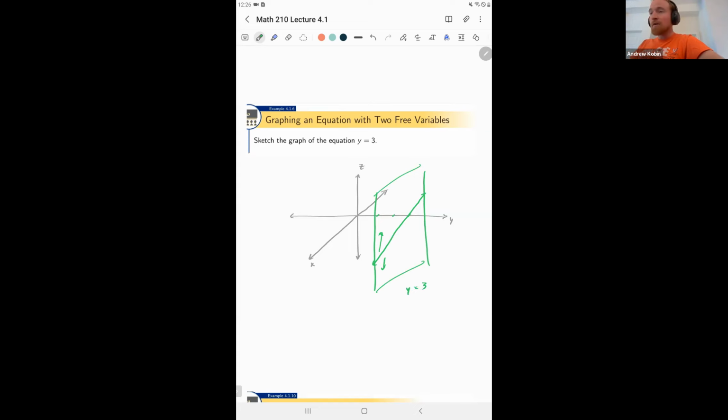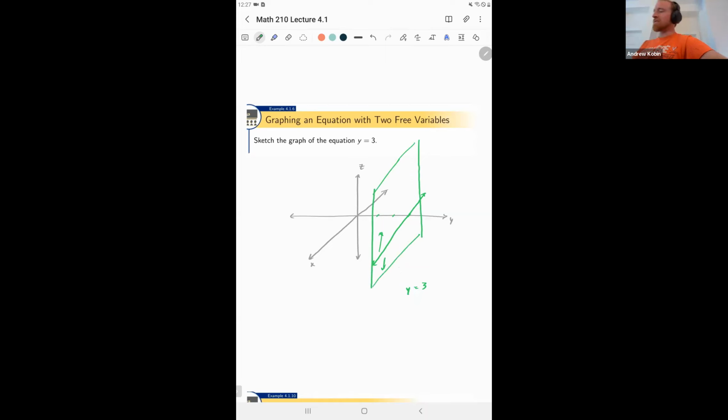So let's carefully review this. Any solution to the equation y equals 3 has x and z components, whatever you want. That's why they're called free variables. And y component equal to 3. I'm going to redraw this, by the way, to make everything really look perpendicular and parallel. There we go.